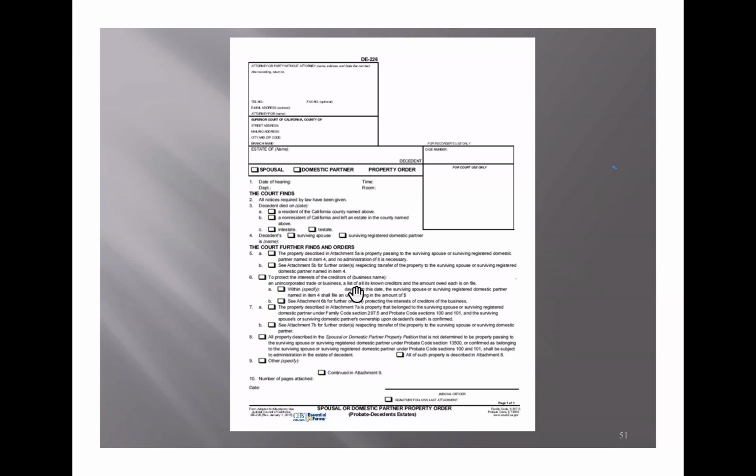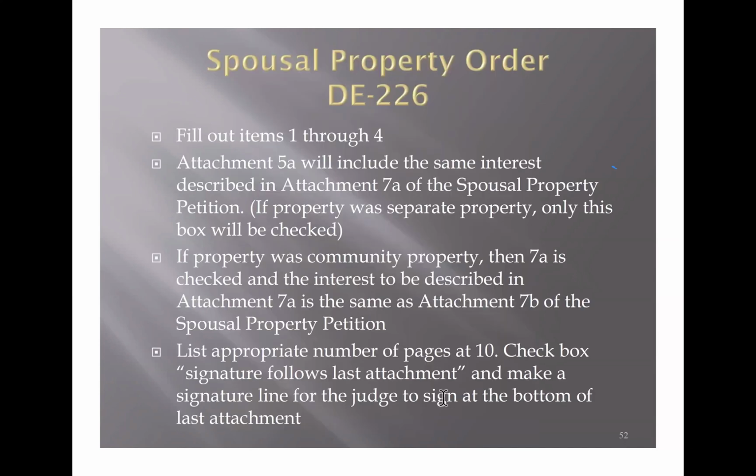And you fill the order out just the same as you filled out the petition, right? Same information. Just make sure you check all the applicable boxes and include an attachment that has the legal description, and then have a signature line for the judge at the bottom of that legal description attachment. Okay, there are the written instructions.